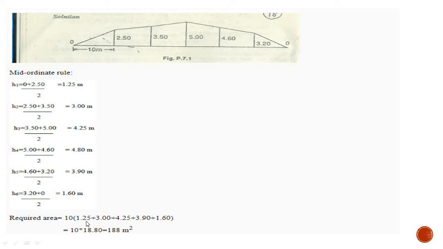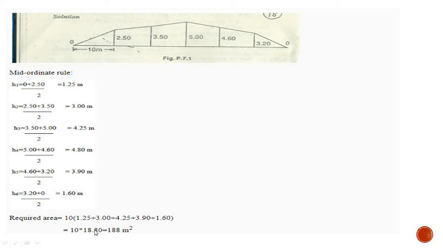okay, here there is a computational error. The 4.8 ordinate has been missing over here. Don't worry, I will calculate it. So 10 into 1.25 plus 3 plus 4.25 plus 4.8 plus 3.9 plus 1.6, which equals 18.8.